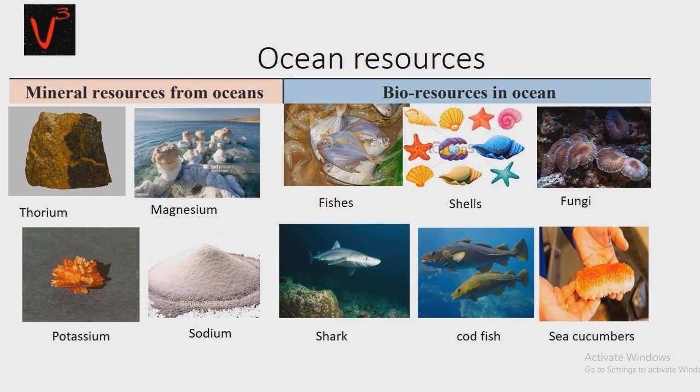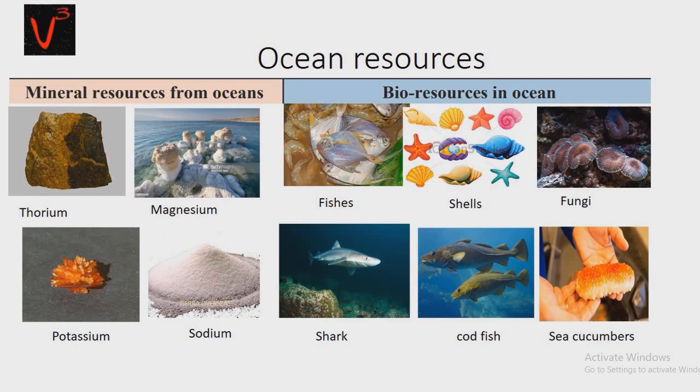Now let us understand bioresources in ocean. Fishes like pomfret, shellfish, as also shrimps and prawns, they are a source of protein and vitamins, therefore mainly used as seafood. Dried shrimps, Bombay duck powder, these are used as poultry feed and is a good manure.